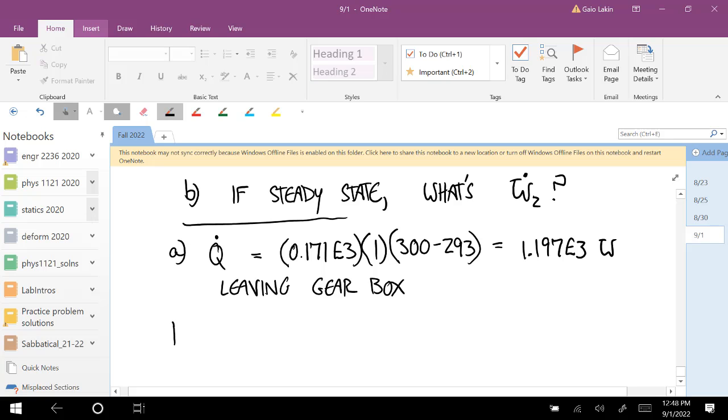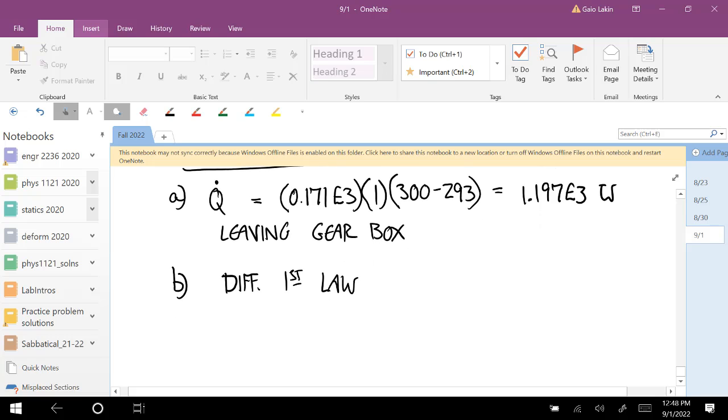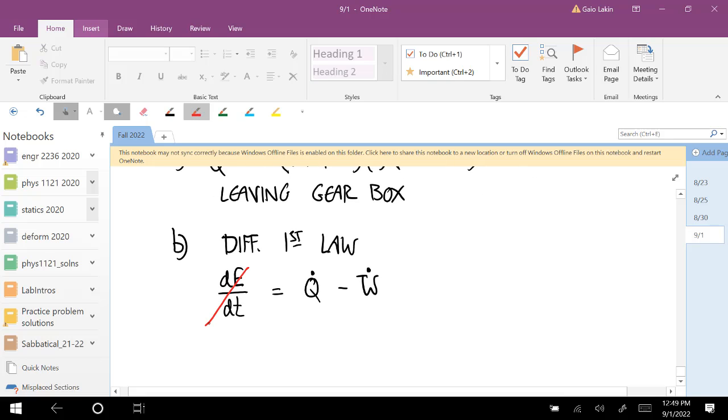So now we can go to the differential form of the first law. It says dE dt is equal to Q dot minus W dot. This is steady state, so dE dt is equal to 0.